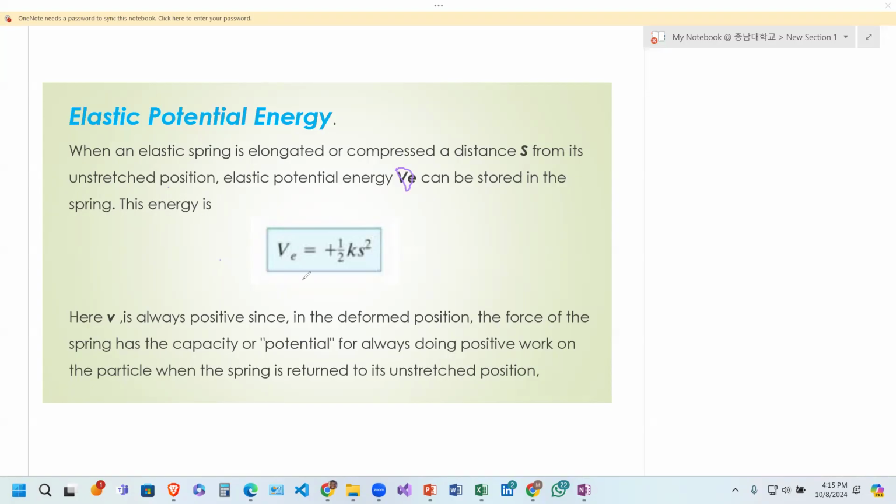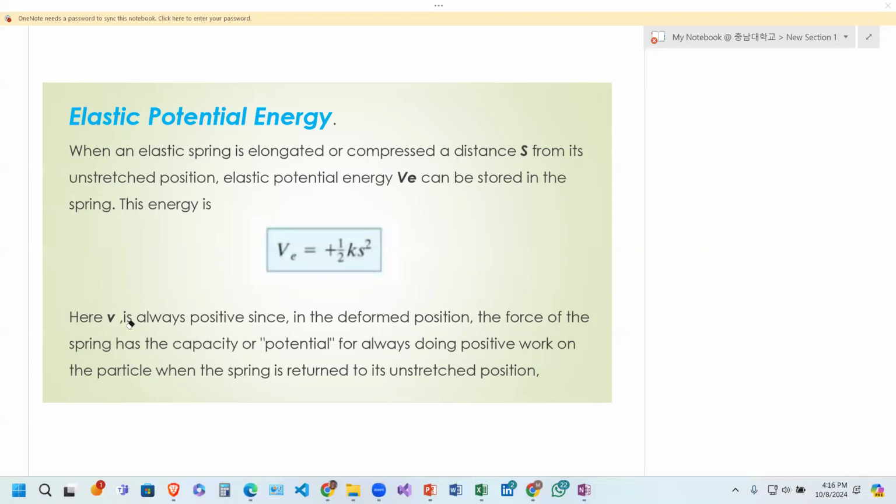Because it is stored, the energy is positive and is given by half ks squared. Remember, we said F was given by the integral of ks from position s1 to position s2. We did those kinds of things in our previous work.